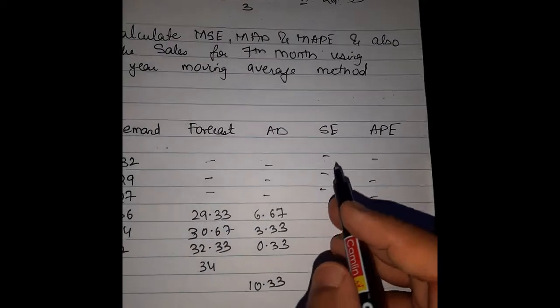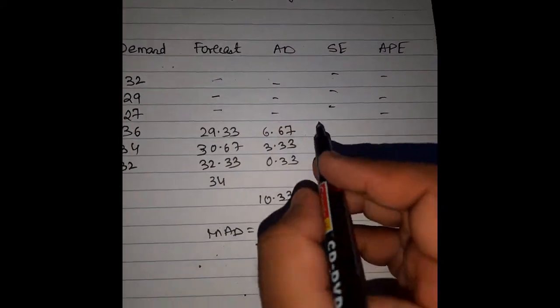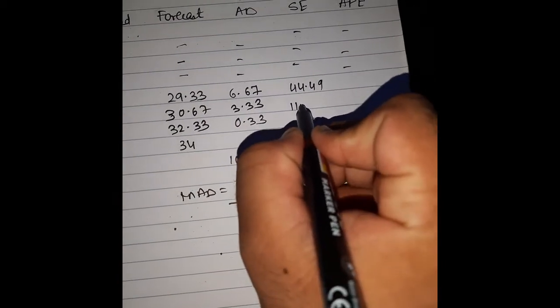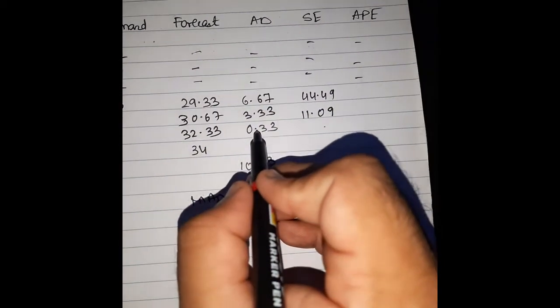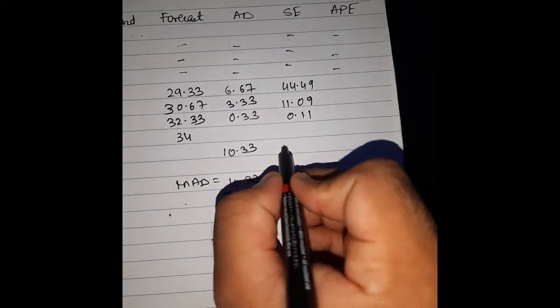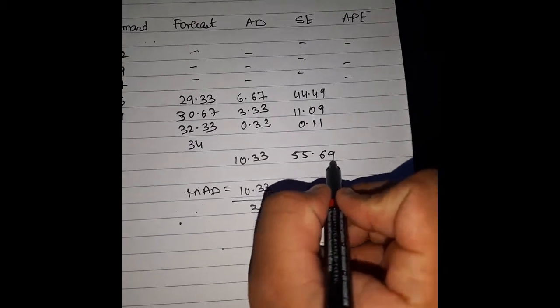Now the square error will be 6.67 squared, which is 44.49. 3.33 squared turns out to be 9.09. 0.33 squared is 0.11. Okay, and the summation of all three will be 55.69.